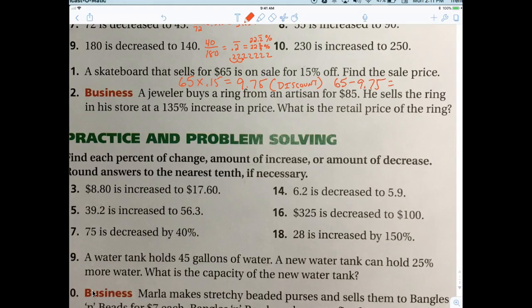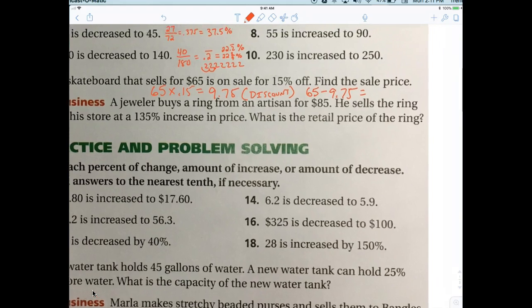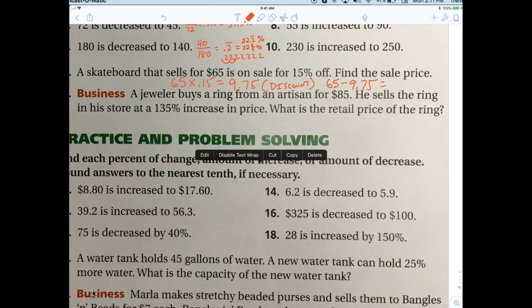That makes sense, right? So tell me what that is. $55.25. Yes, that's what I got.